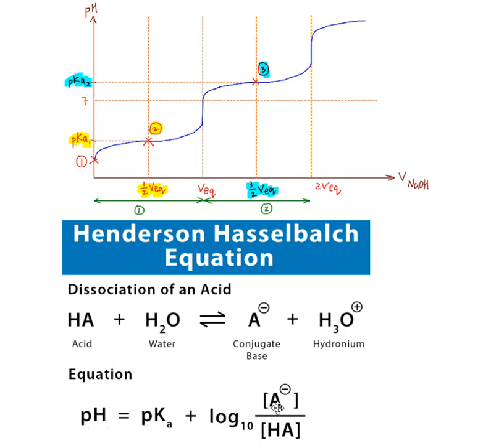That's when half of the HA has converted to the conjugate base: 50% of HA is left, and 50% has converted. That's a 1-to-1 ratio. That's the reasoning behind this.